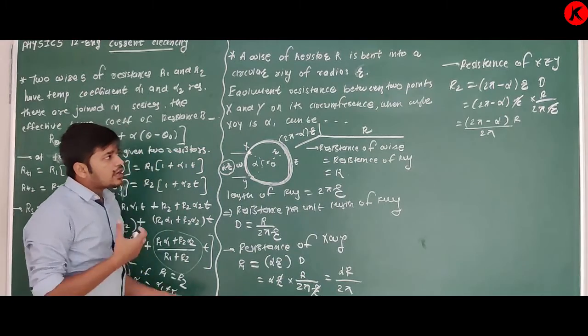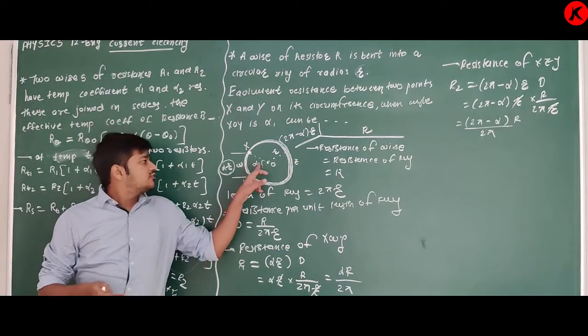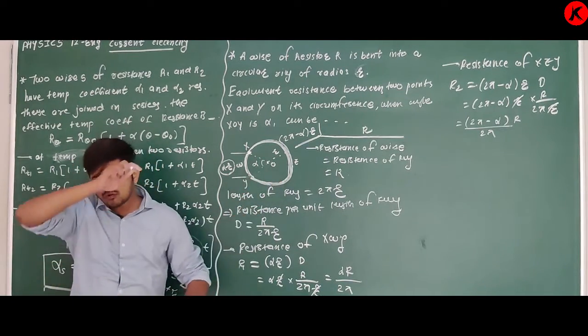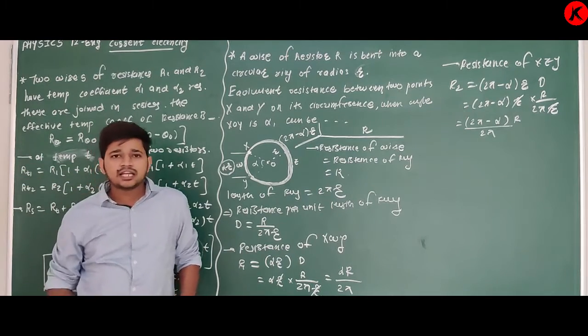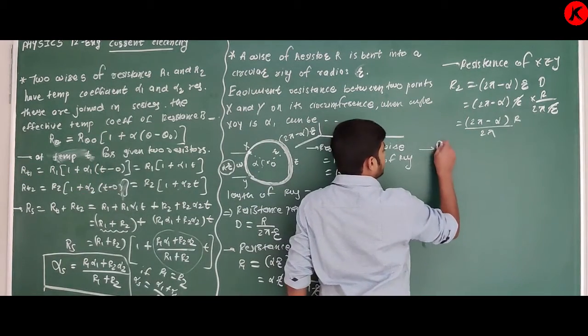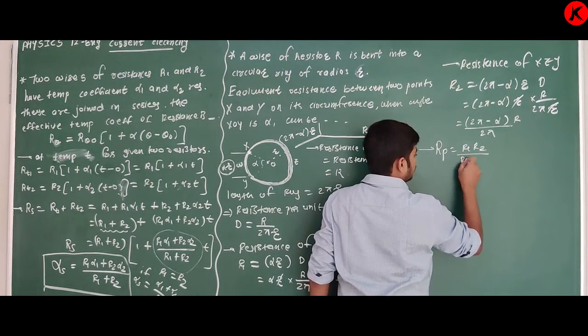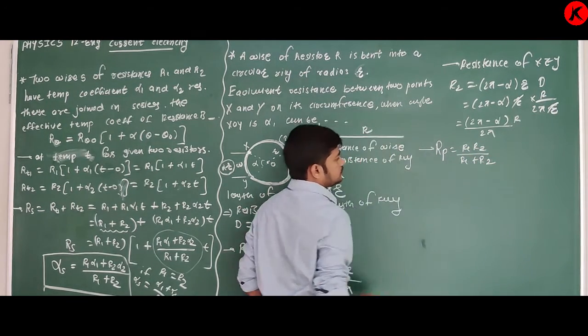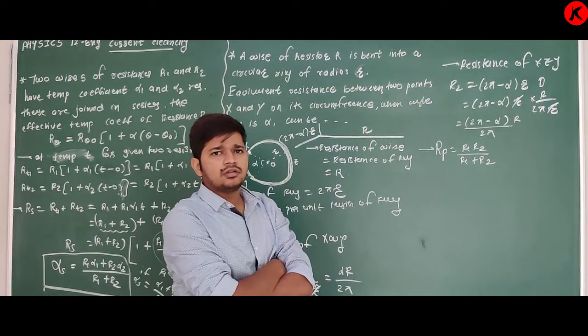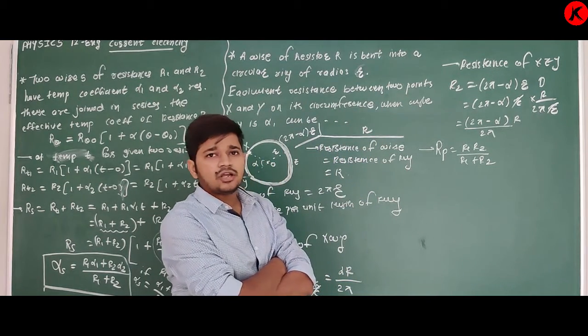So that is how to find R1 and R2. Now, as the two have common ends, R1 and R2 are in parallel connection. Then RP, we know its equation, is R1 R2 upon R1 plus R2. Right or wrong? Yes, it is right.